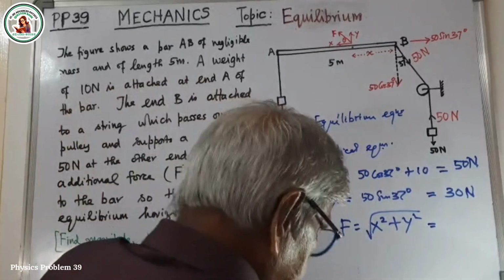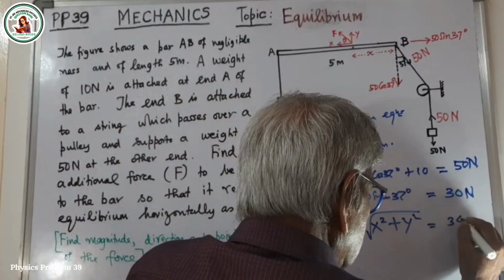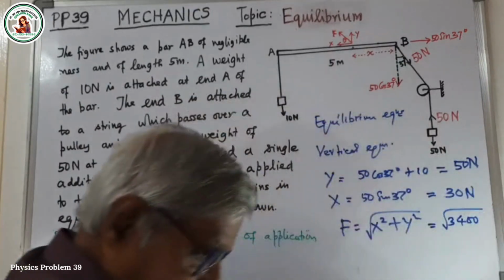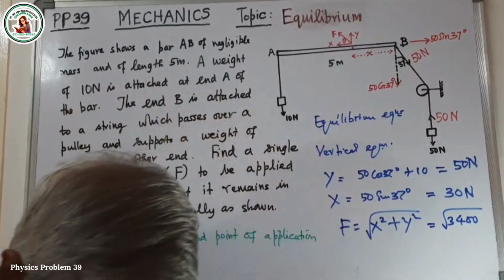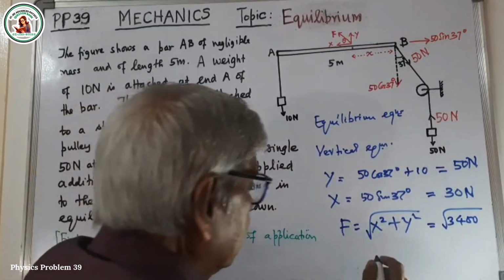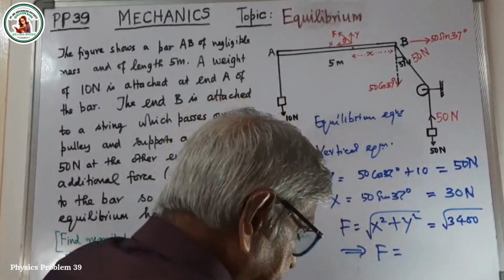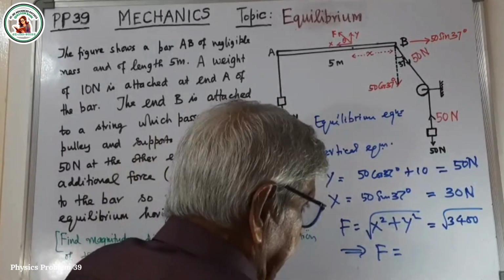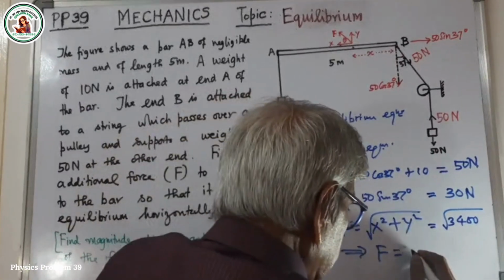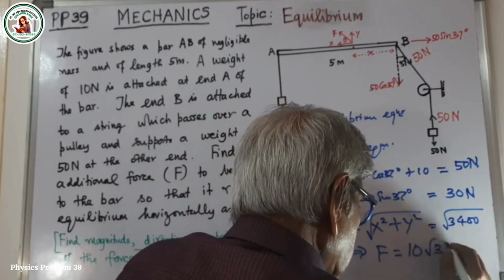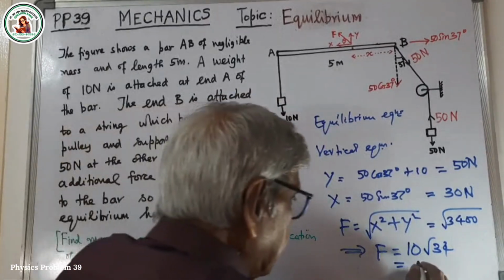We will have 3,400, square root of that, which implies F is equal to 58.3 newtons, or you can say 10 root 34, which is equal to 58.3 newtons.